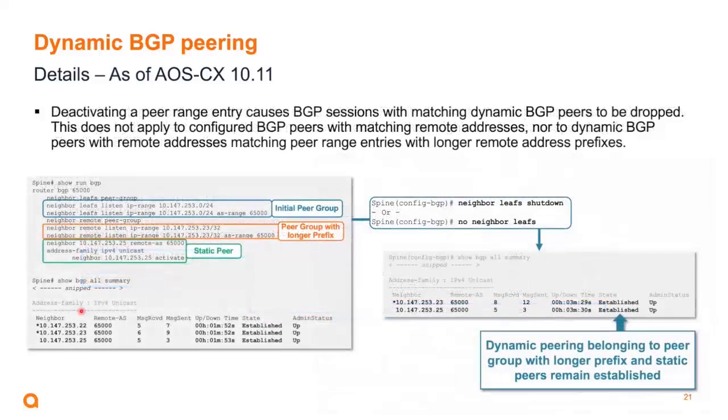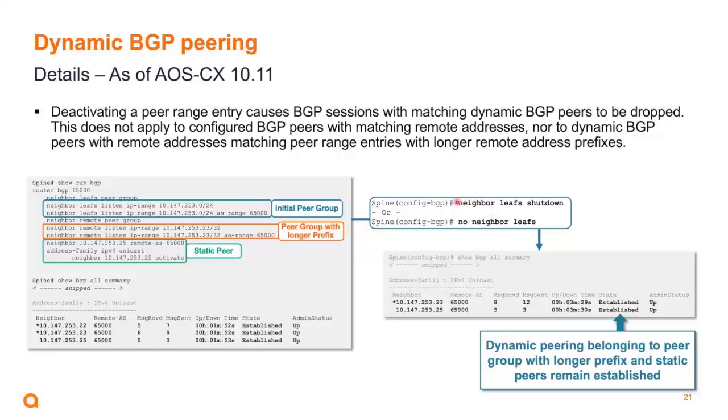So if we look at this example, we have a set of static peers, an initial peer group, and another peer group using a longer prefix. And we have some peerings which are established, so one for the static peer, one for the initial peer group, and one for this peer group.